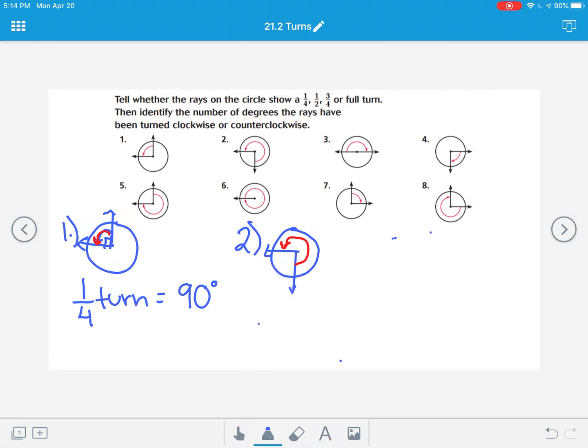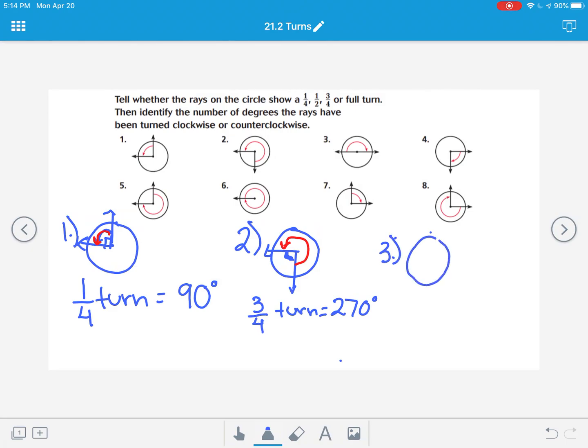Do you see that? This part left over here where the 90-degree angle is, that's not part of the turn. That's what's left over. So that means that 3 out of the 4 parts have been used for that turn. So that's a 3/4 turn. And 3/4 turn equals 270 degrees. So this is where that chart comes in handy.